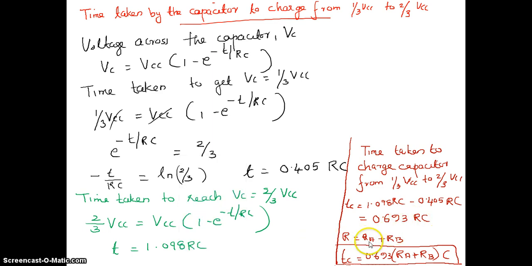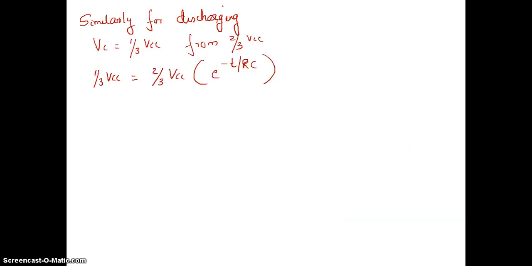And our R is actually composed of RA and RB. So for charging time it is RA plus RB. So TC is 0.693 RA plus RB into C. So this is the way we are getting the value 0.693. Similarly for discharging, your capacitor should go from 2 by 3 VCC down to 1 by 3 VCC. So VC should be 1 by 3 VCC and the initial charge of the capacitor was 2 by 3 VCC.